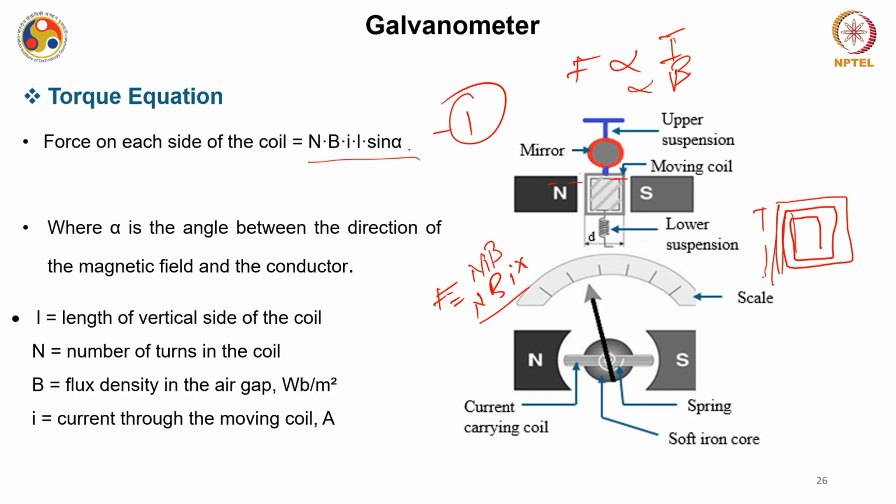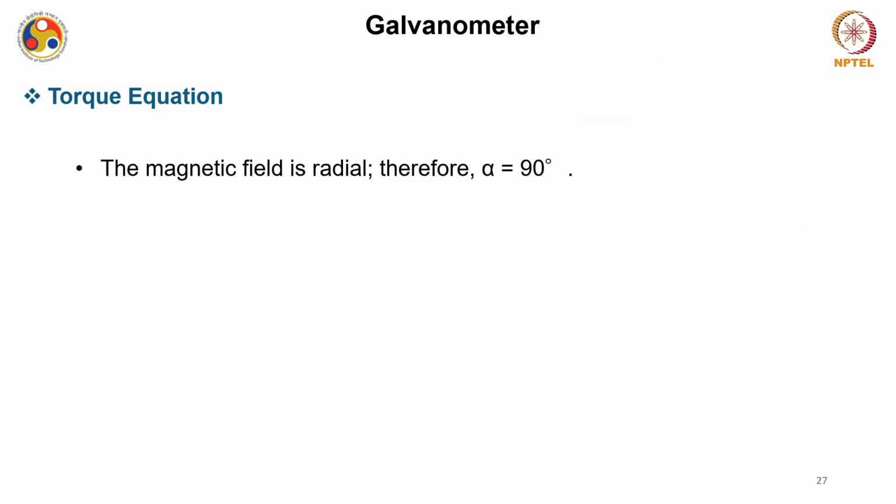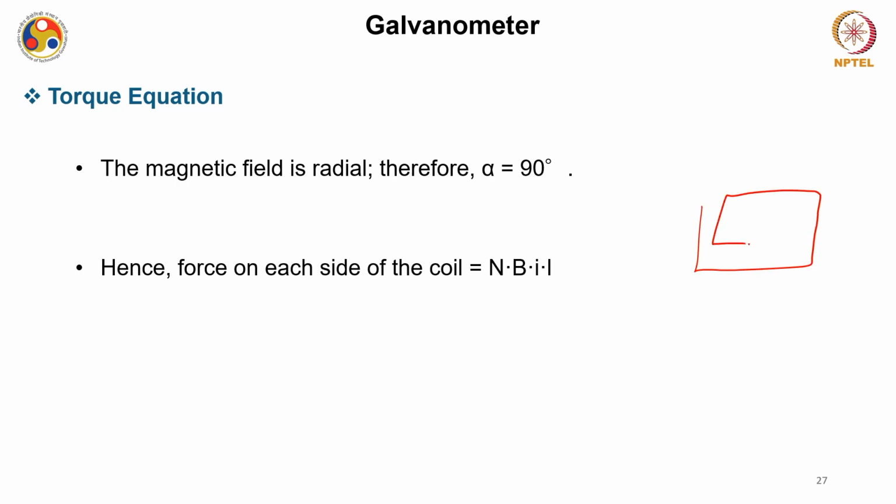So we have seen that force is equal to NBI into L into sin alpha. Now, we have done a lot of iteration: for circular turns of the coil we have taken a spherical core, for rectangular coils we have taken a cylindrical kind of core. We have done all these things to make the magnetic field radial.